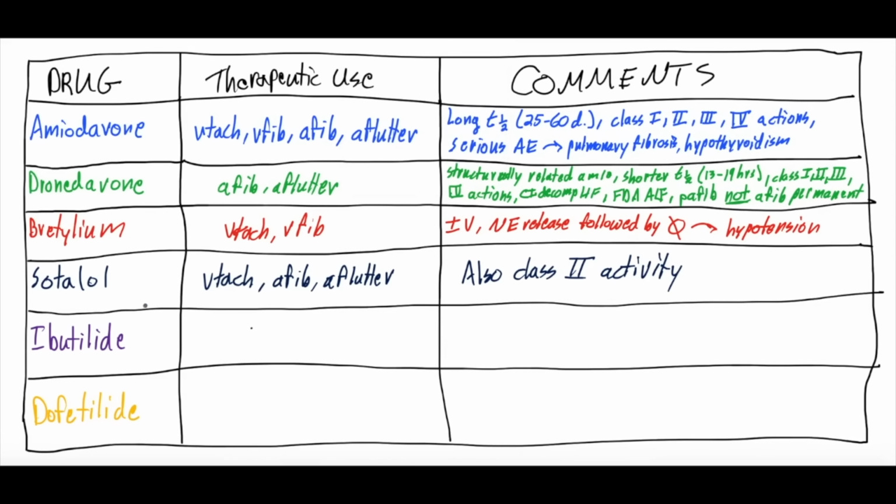All right, ibutilide. Ibutilide is primarily used for atrial tachydysrhythmias, AFib, A-flutter. It also is IV only, so you can't take it orally. It can cause arrhythmias, so you've got to be careful when you use it, because it can treat atrial dysrhythmias, but it can cause arrhythmias.